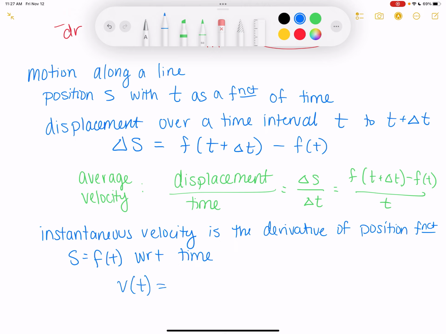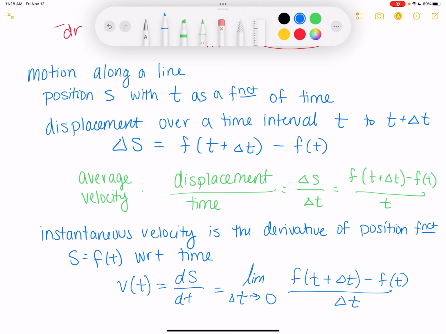So v of t is equal to ds dt, which is equal to the limit as delta t approaches 0 of f of t plus delta t minus f of t all over delta t. Literally all this is saying is, whatever your position function is, take the derivative of it and you get your velocity function.